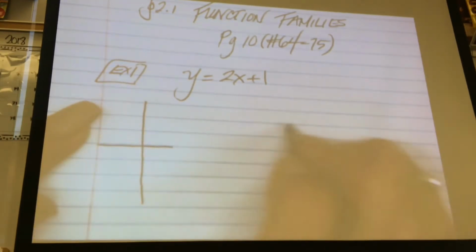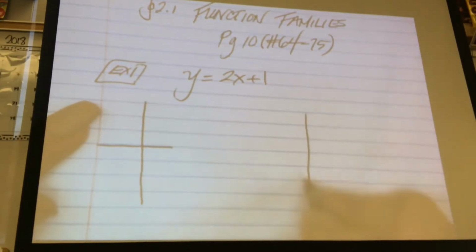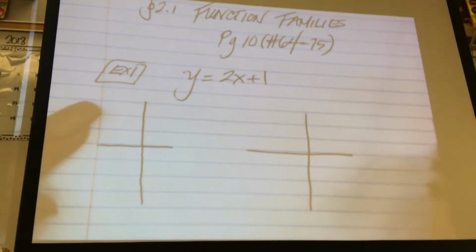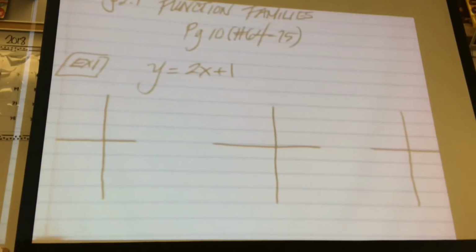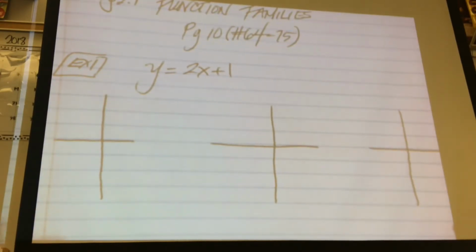I want you to show that you are graphing these in a different color. So draw 3 Cartesian planes and then use 3 different colors so I can show you what kind of graphs they are.